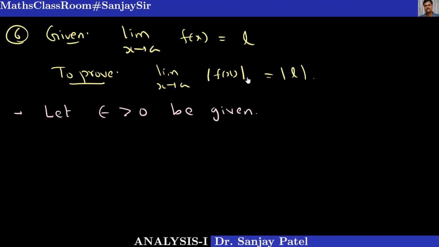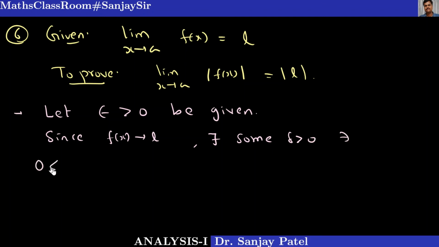And by hypothesis, since f(x) tends to L, there exists some delta greater than 0 such that whenever 0 less than mod of x minus a less than delta, we have mod of f(x) minus L less than epsilon.